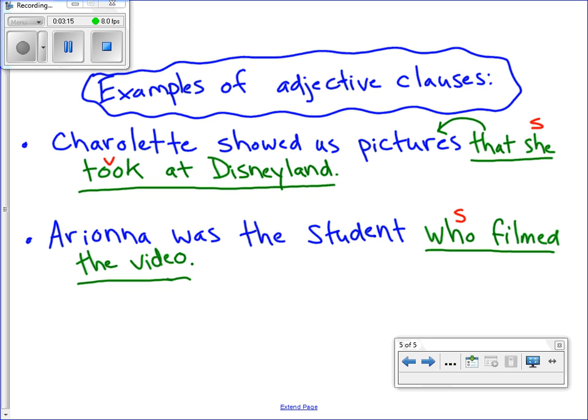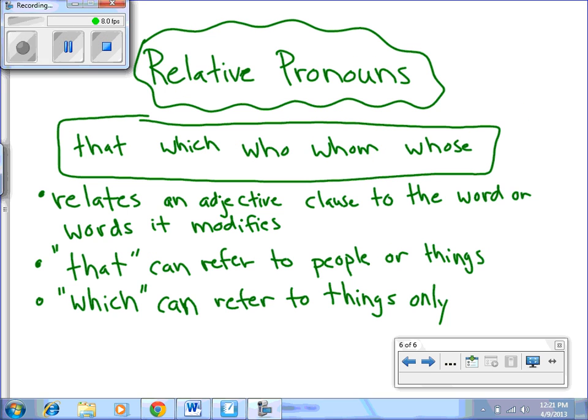Sometimes the word that starts an adjective clause is also the subject of the clause. So we have our subject too, and we have our verb, filmed. So we know it's a clause. We know it's an adjective clause because it's describing a noun, student. Which student? Student who filmed the video.